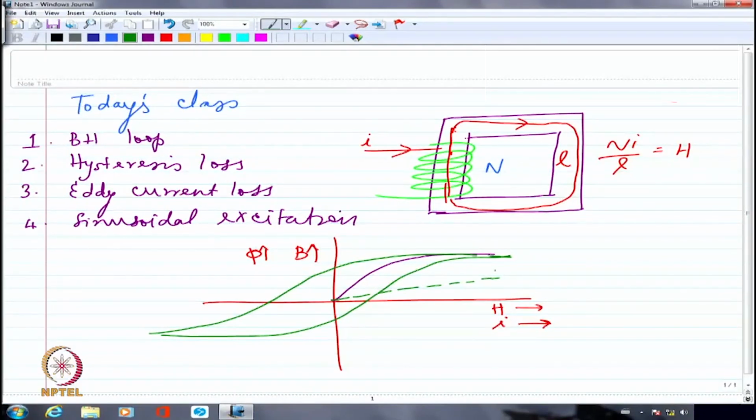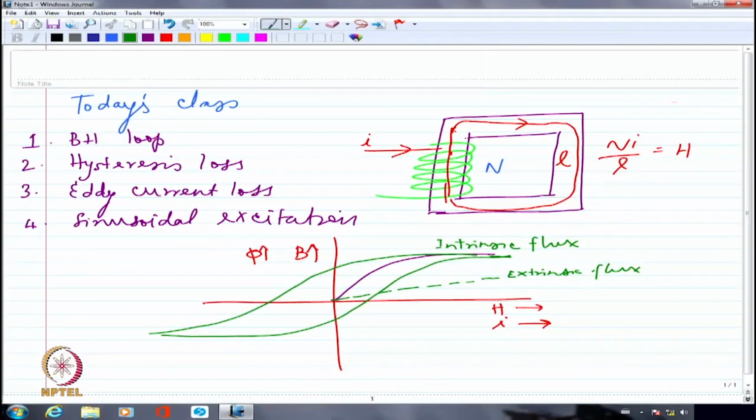I hope you understand. We are talking about this as extrinsic flux, whereas this is intrinsic flux. So extrinsic flux is essentially due to the air which is surrounding it and which is creating a very, very small amount of magnetism.